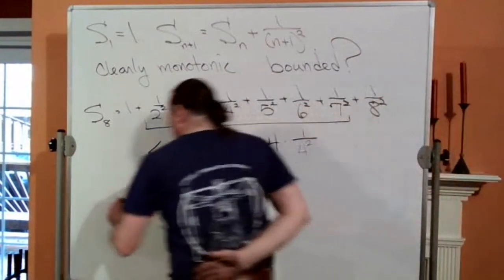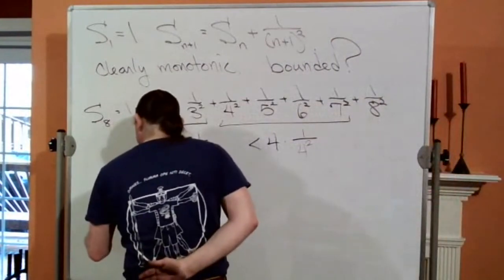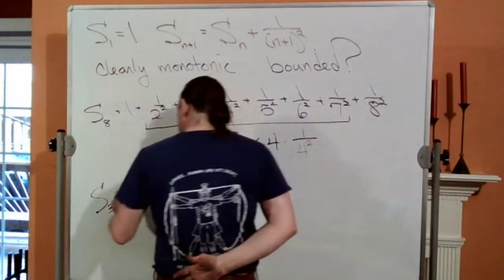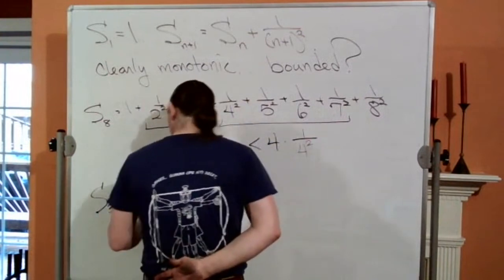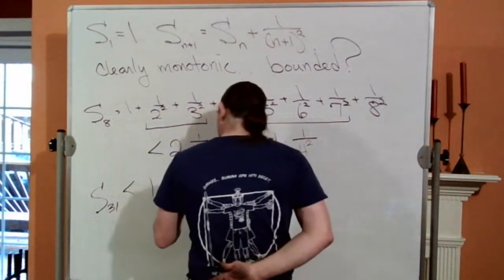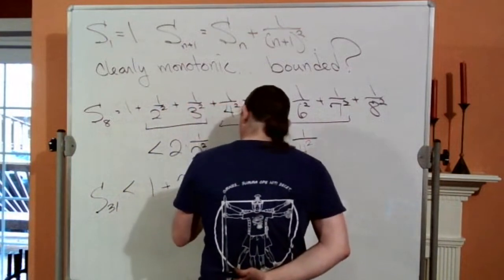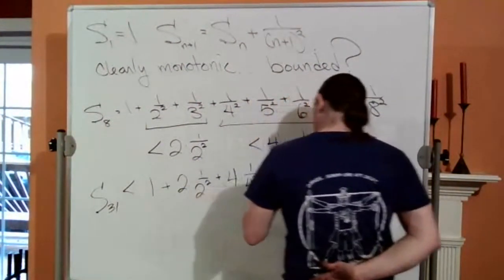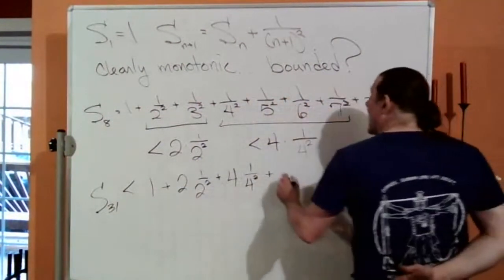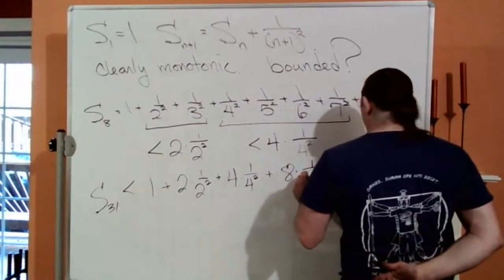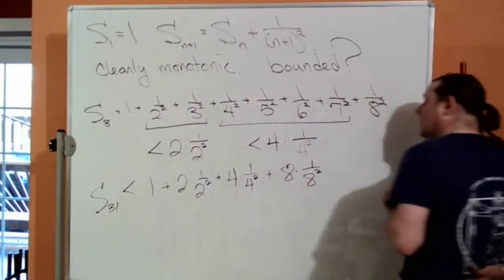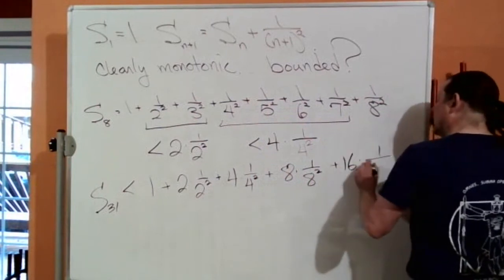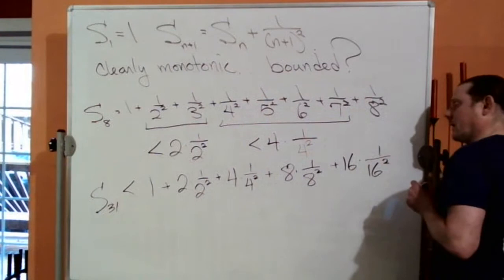So what if I did, let's do S31. So that's going to be less than 1 plus 2 times 1 over 2 squared plus 4 times 1 over 4 squared plus 8 times 1 over 8 squared. That gets us up to 15. 16 times 1 over 16 squared.